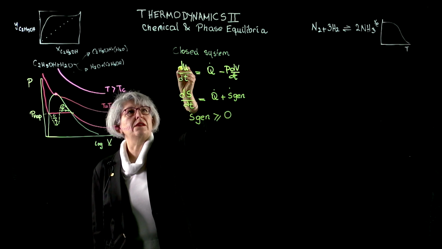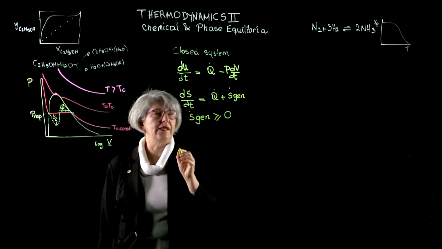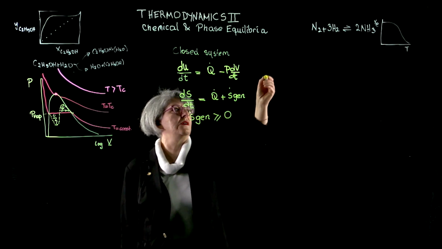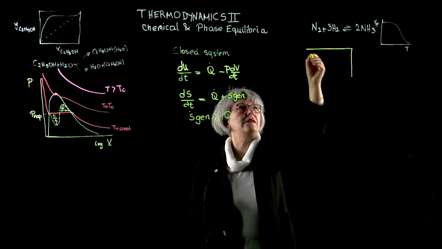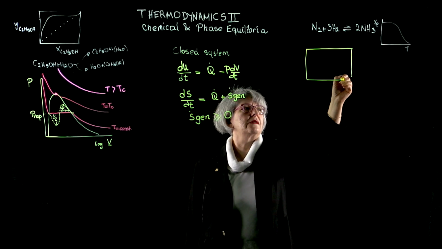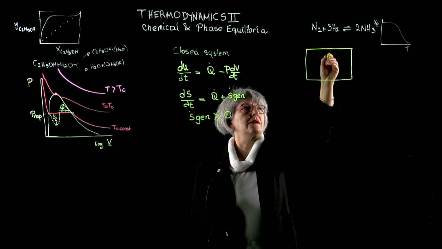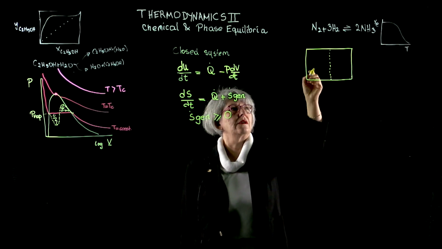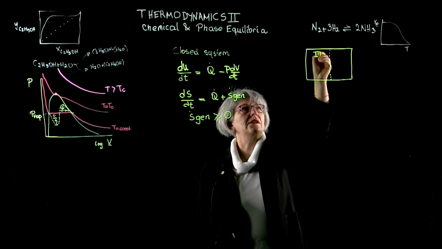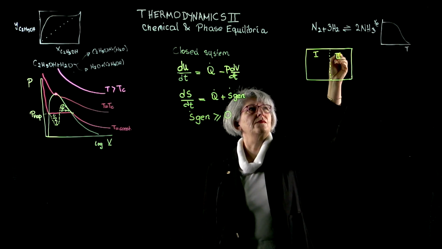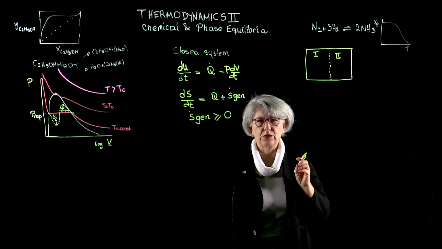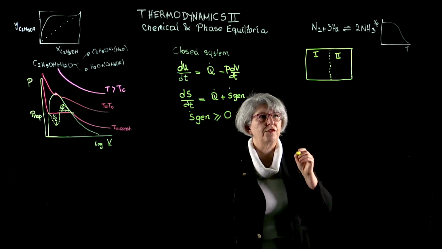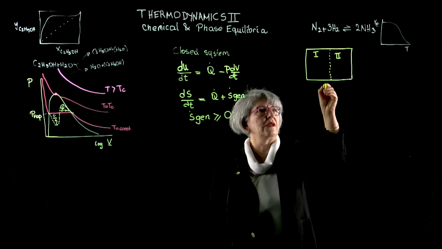In this closed system, let's have a chamber with two domains. All right, domain 1 and domain 2. We have a certain constant total number of moles of fluid in this chamber.